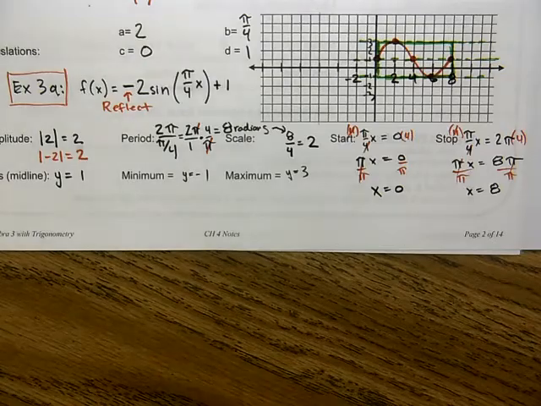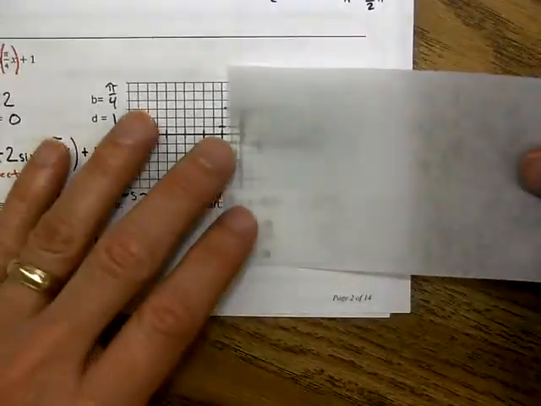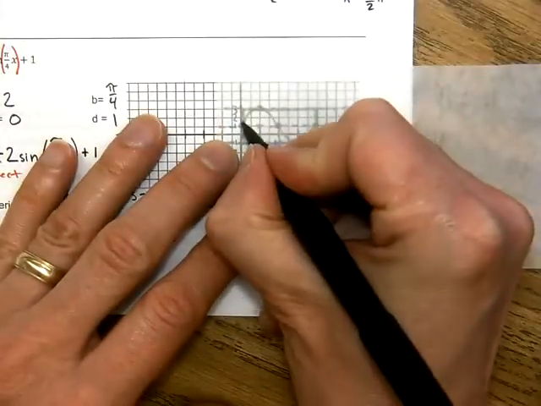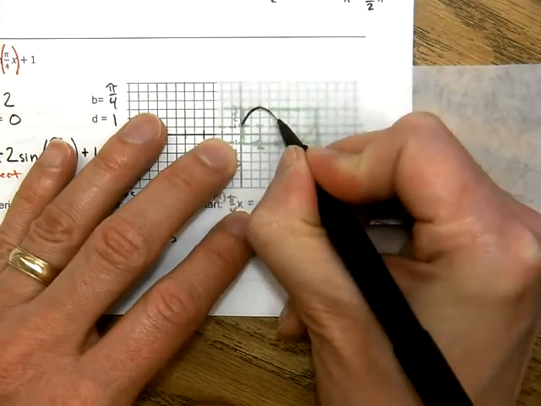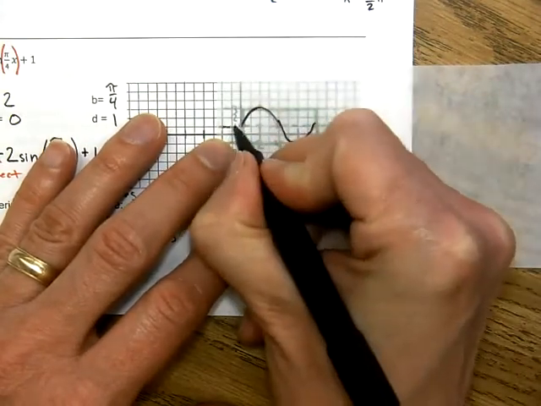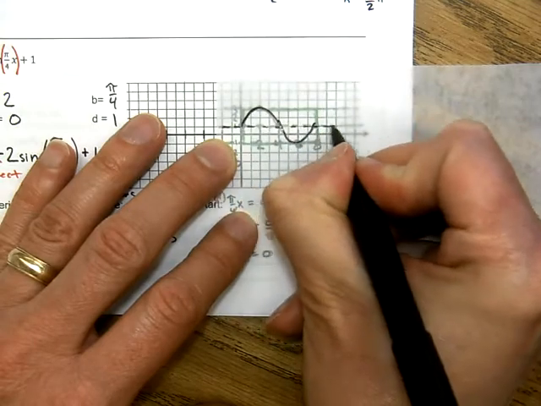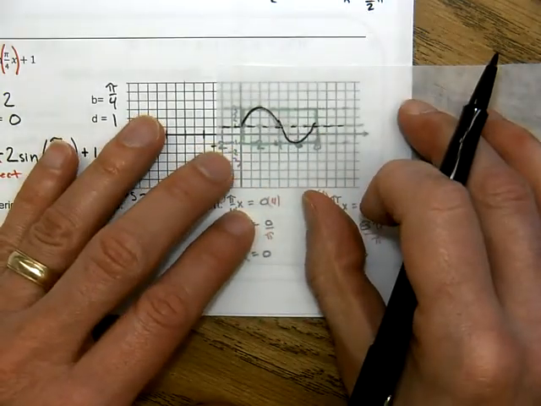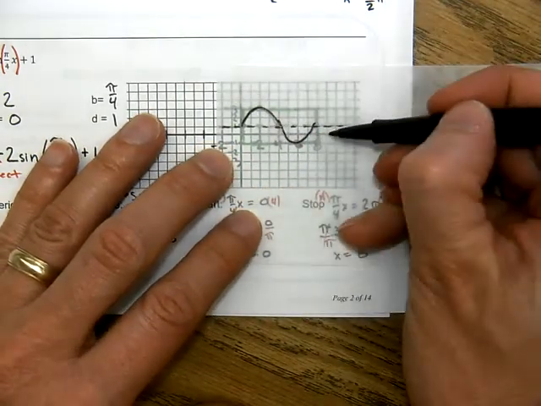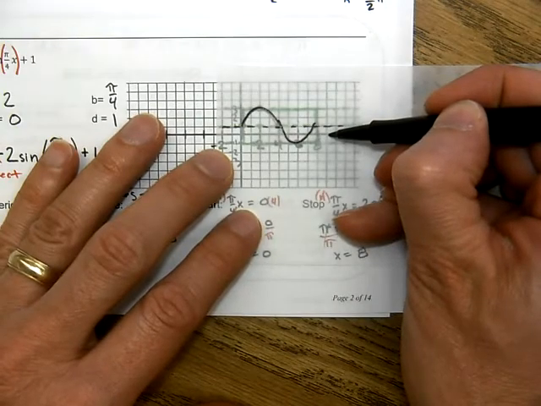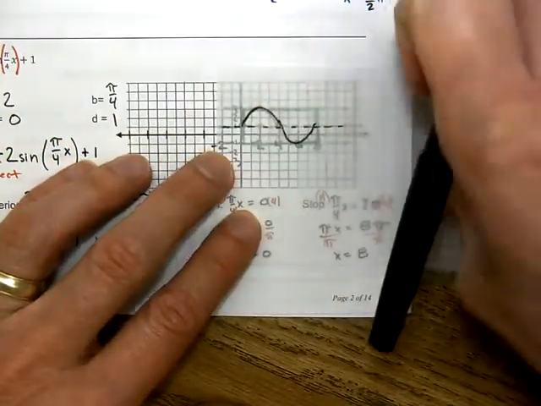Let me again grab a sheet of tracing paper to show you how that reflection works. So here's the sine curve. Here's the midline. Now what you have to be careful of is when you reflect it upside down, don't make the mistake of trying to reflect it over the horizontal axis of the graph that you're using.